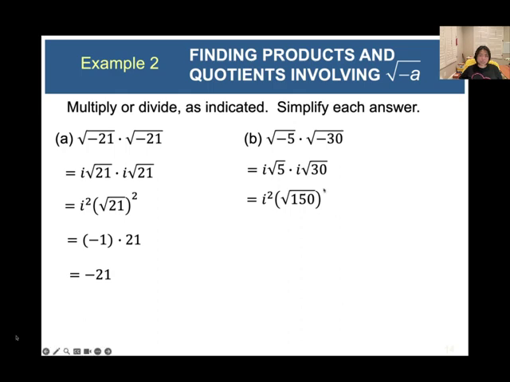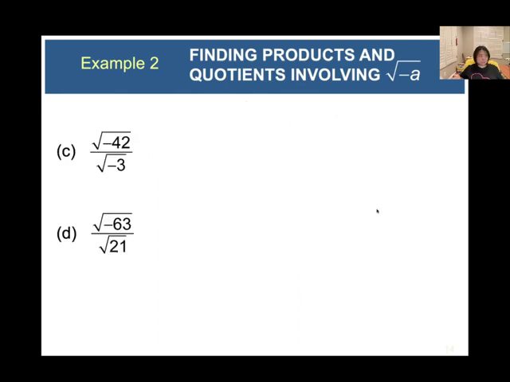So how can you break down 150 with the square root? You know 150, you can break it down like 25 times 6. Okay, right? So what is the square root of 25? That will be equal to 5, right? And i squared, which is going to be -1. Okay, two more. Try.